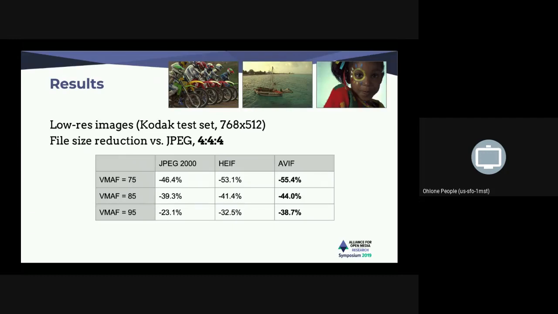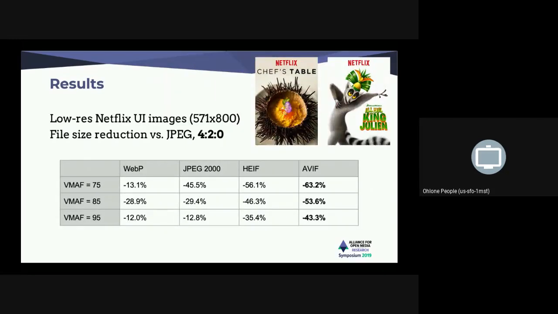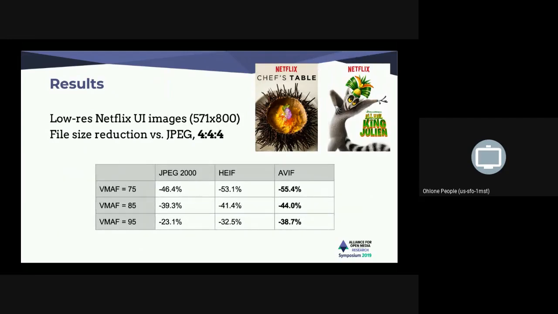Then we have a set of smaller resolution images that represent the images that we would use in our UI. Again, all these images are not HDR. We're talking 8-bit. Again, AVIF is a lot better than the other formats here. 444, same thing.